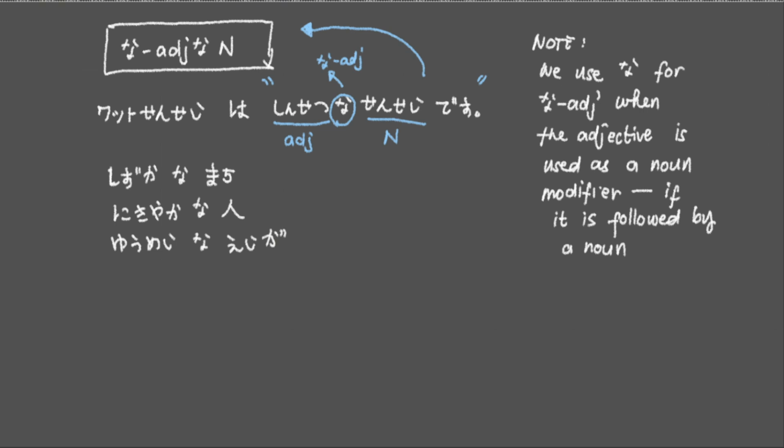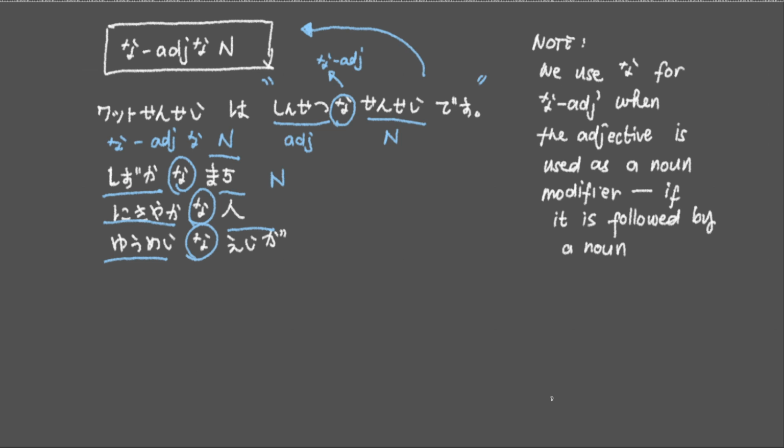Okay, you see here, the pattern is: this is noun, this is the marker for the na adjective. Na adjective, na, noun. Okay, it's as simple as that. So basically you just use na when we are using the adjective as a noun modifier, or, to make it simpler, we use the na after the na adjective if it is followed by a noun. Okay?